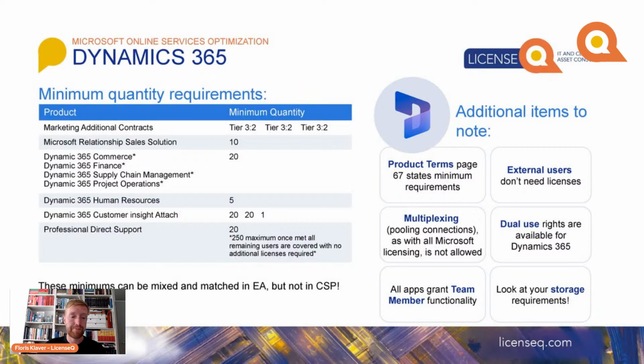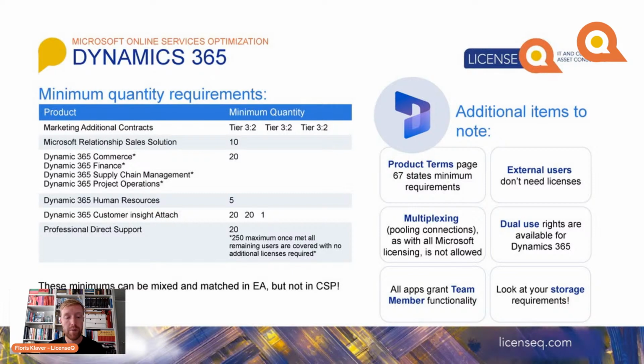So if you look, for instance, at the Dynamics 365 ERP platform: commerce, finance, supply chain management, project operations, you would need a minimum of 20 licenses per tenant, but you could mix and match. So if you need finance and commerce, you can get 10 of each. For customer insights attached, there's a 20 license minimum in your tenant that you need to start with.